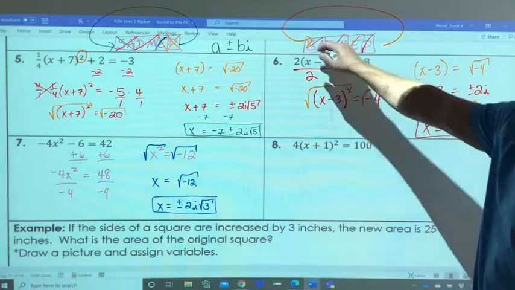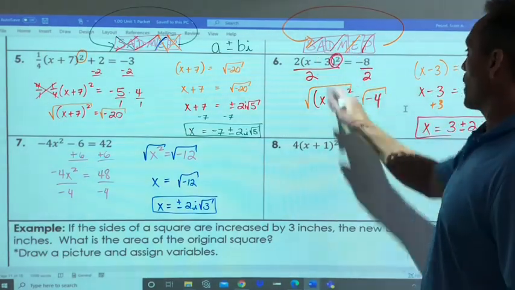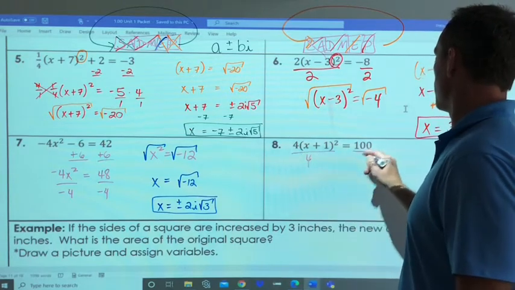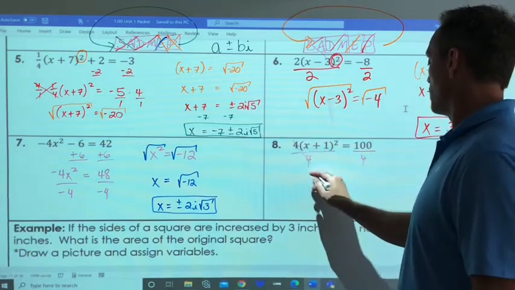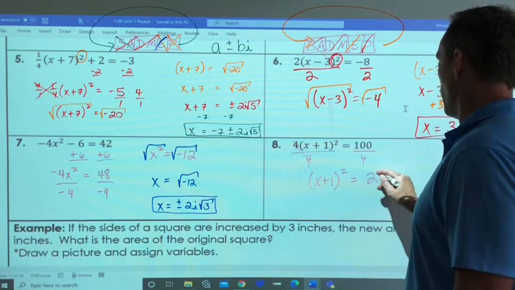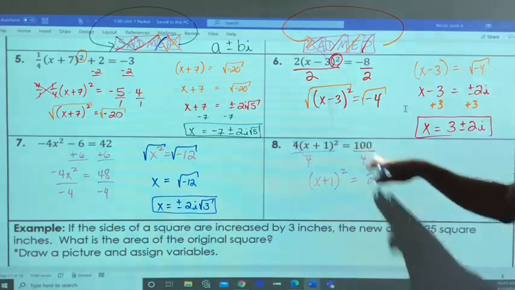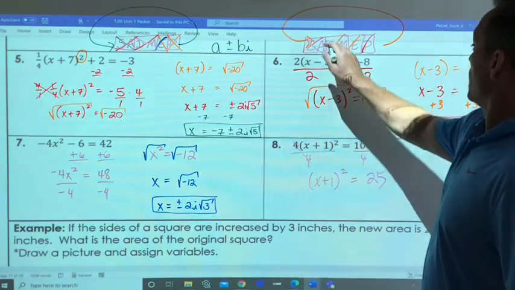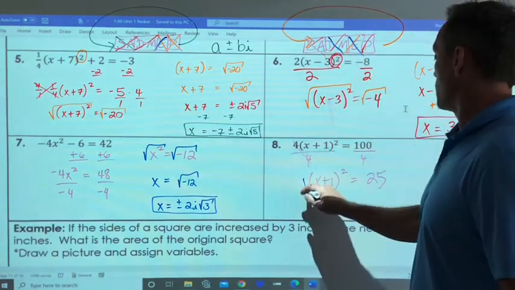Next one. PEMDAS. Anything added or subtracted? No. Multiply, divide? Yes. Cancels. Being consistent is crucial. This isn't the square root. That's 100 divided by 4, so it's 25. Did that? Exponents.